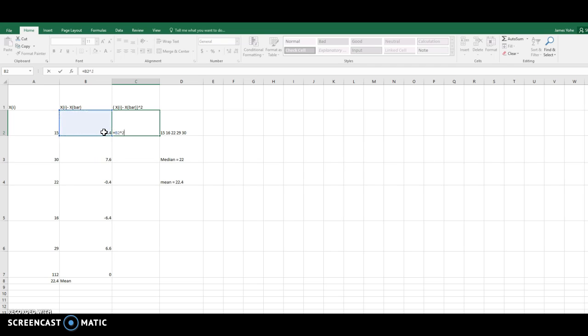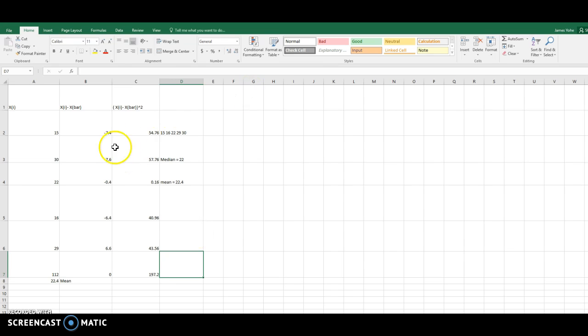Use the caret and a 2, and I'm going to square each one of these. And then I'm going to add them up. This right here is the sum of x sub I minus x bar squared. That's the difference between each observation and its mean, the deviations, and then I'm going to square them, and sum them here and add them all up.